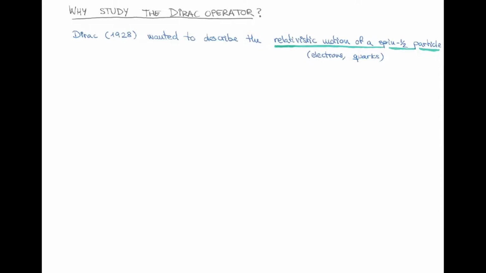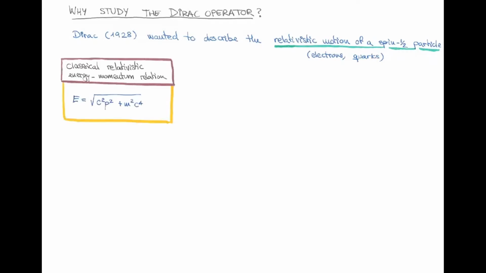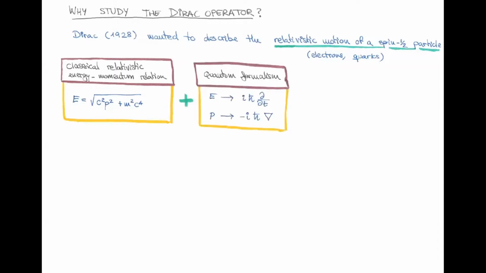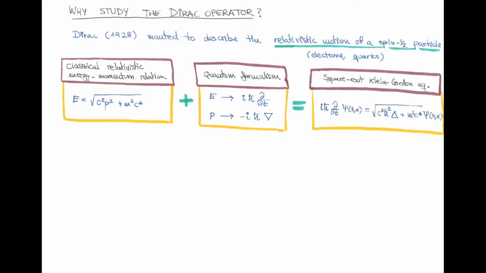So the first idea is to consider the relativistic energy and then do the usual thing that you do in quantum mechanics, that is, replace your quantities by differential operators. I replace the energy by a derivative with respect to time, and the momenta by the gradient and some physical constants that I don't care about. If you do that, you end up with the so-called square root Klein-Gordon equation. So you have here this square root of this operator.